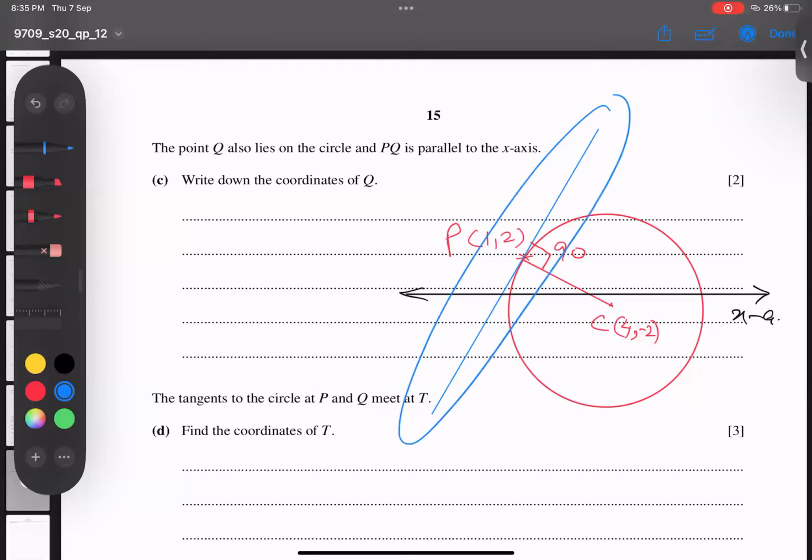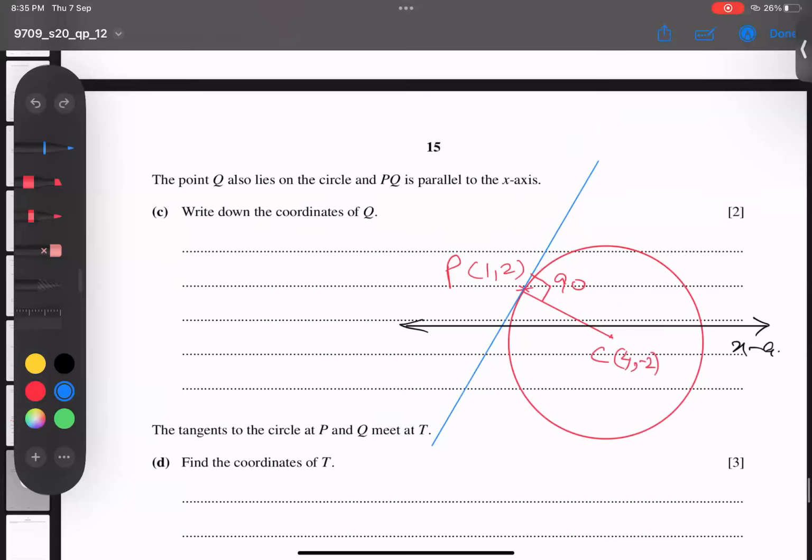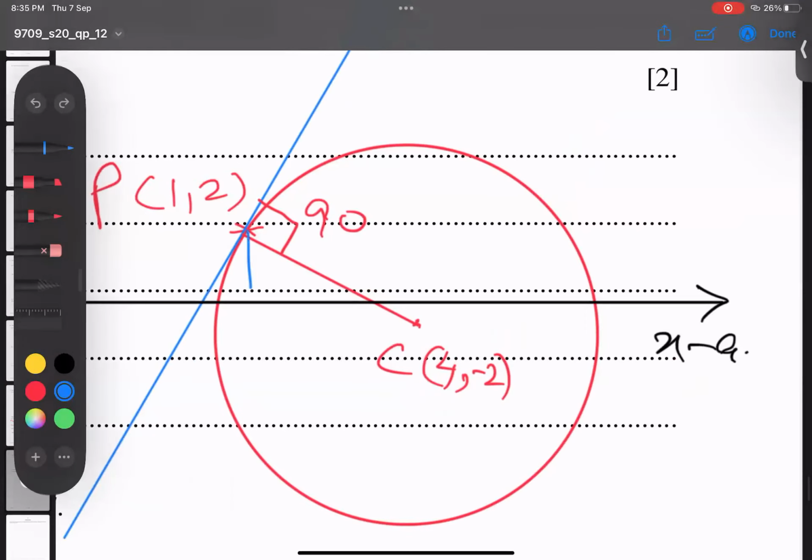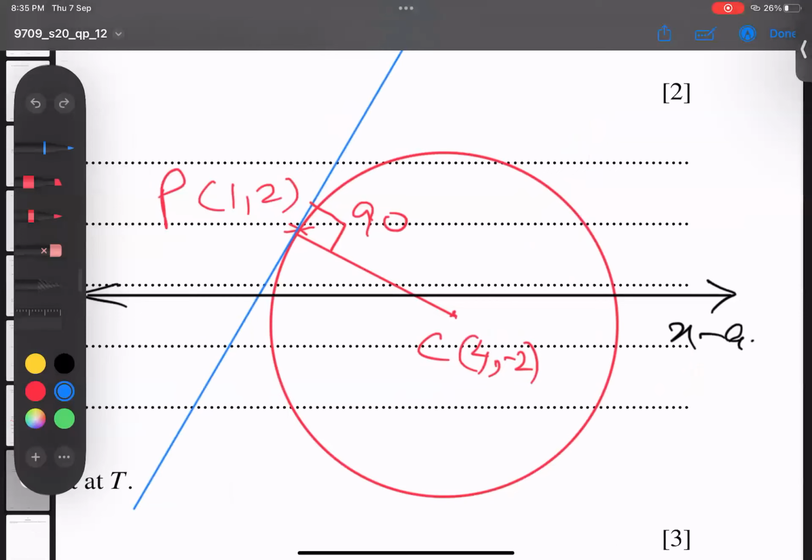This is one tangent you know already, and we have another tangent he's asking about, but I think this part is separate. He's saying that Q lies on the circle and PQ is parallel to the x-axis. So how much is the height of this? Let me elaborate once again. So Q is exactly here, and this is the point Q. You ask how you know that?